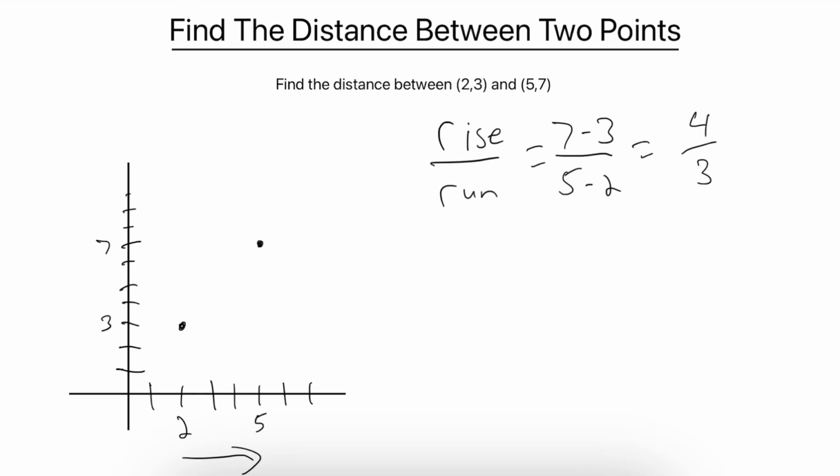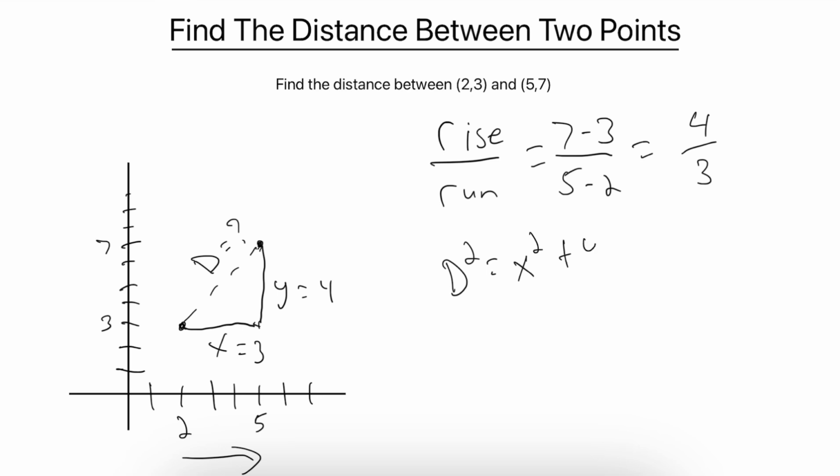So now we're going to use the Pythagorean theorem to find our hypotenuse. So our x and our y are here. Our x equals 3 and our y equals 4. So now we're finding d for our distance. So d squared equals x squared plus y squared.